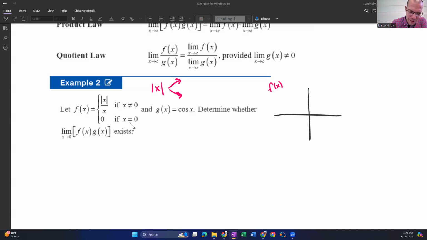The absolute value of x is equal to x when x is greater than or equal to 0. So whenever you put a positive number in for x, you just get that same positive number out.